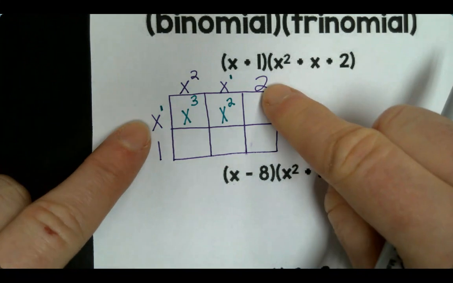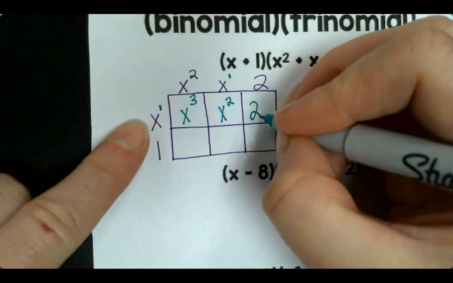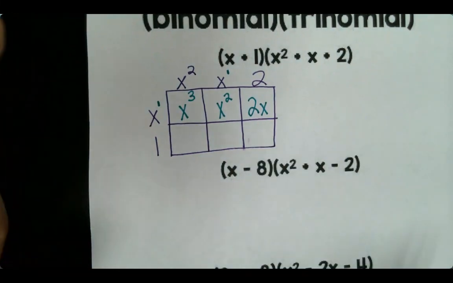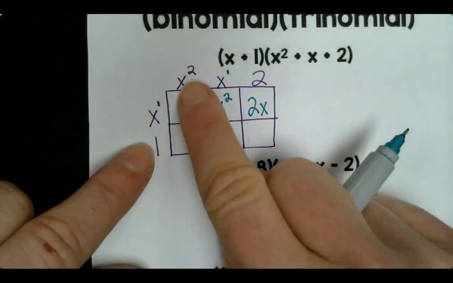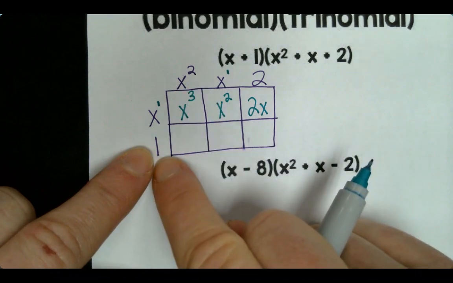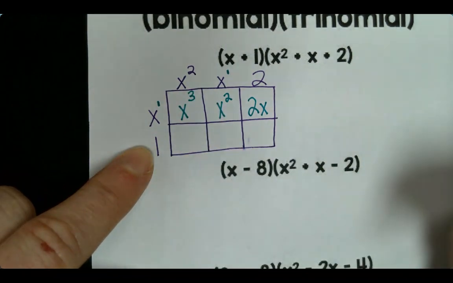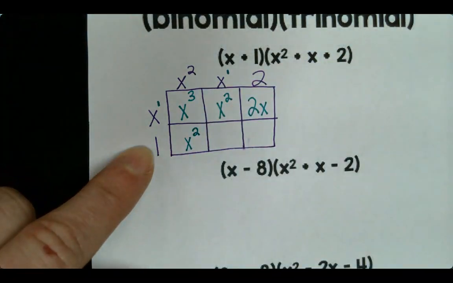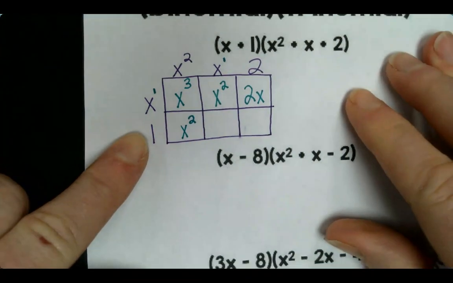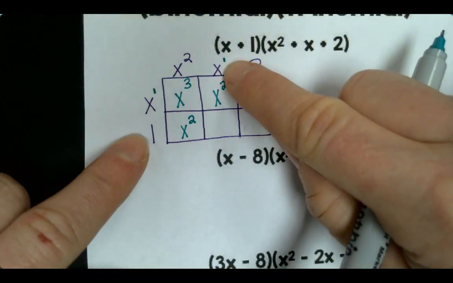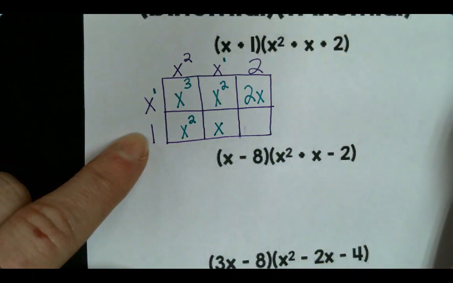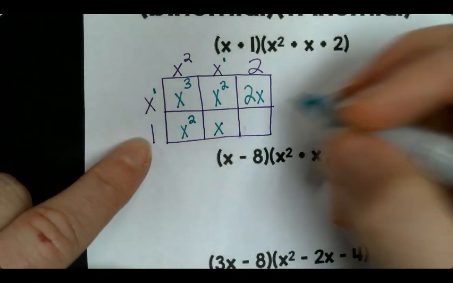And then 2 times x is just 2x. So right now we don't have any like terms. They're all different. And the next one is x squared times 1. It'd be 1x squared or just x squared. Either one is correct. X times 1 is just x to the 1st power, or just x. And then 2 times 1 is 2.